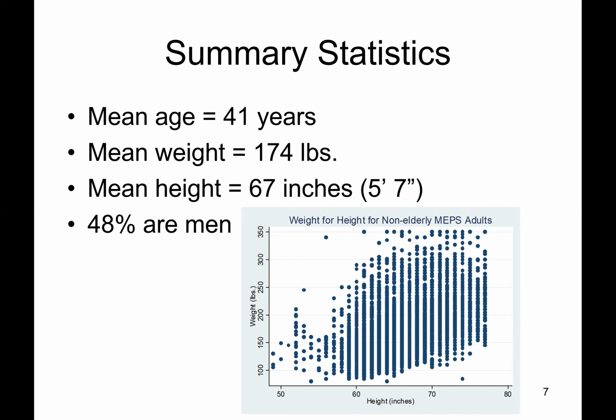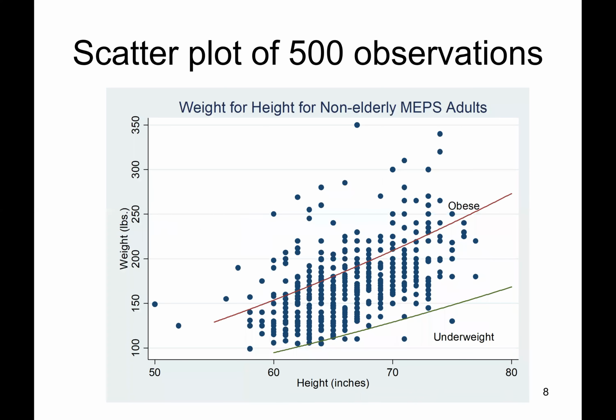And here's what the summary statistics look like. Out of those 13,000, we're looking at a mean age of 41 years, mean weight of 174 pounds, mean height of 5'7", and just under half the sample are recorded as men in this data set. So the average person in this data set is just over 40, weighs about 175 pounds, roughly 5'7", and there's a 50-50 chance that they're listed as a male in this data set.